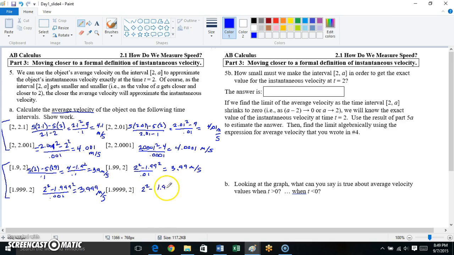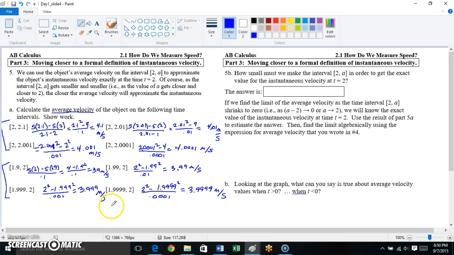And the last one is 3.9999 meters per second. So again, the intervals on the left, 3.9, 3.99, again getting closer and closer to 4.